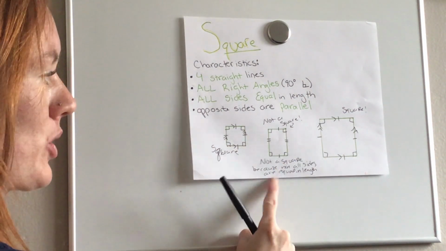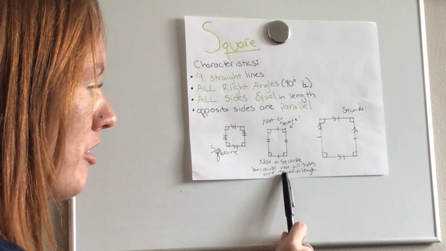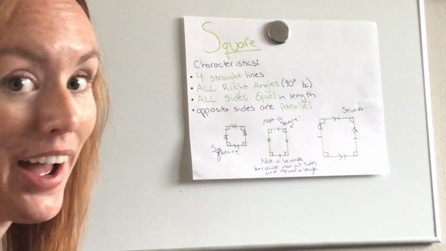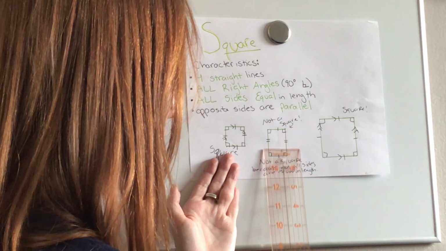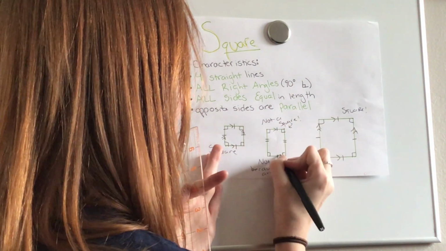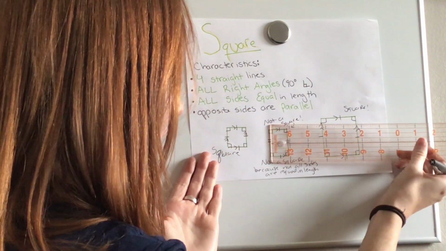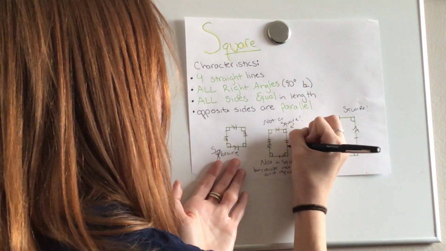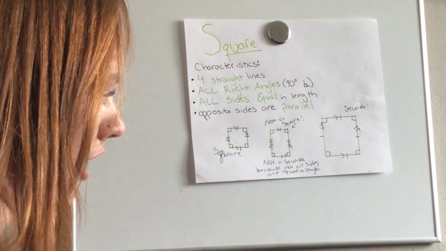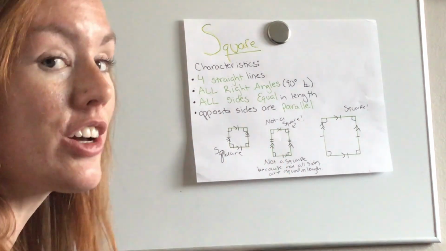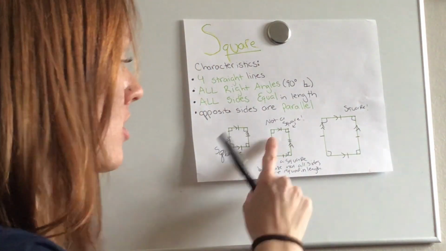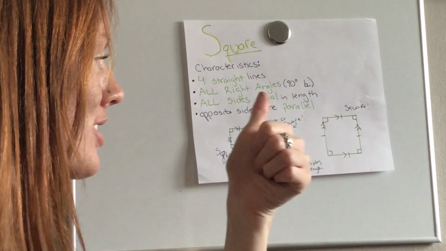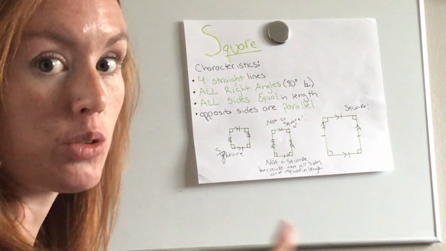Now, this is not a square because it didn't have all equal sides. But if I check, the top and the bottom are parallel and the two sides are parallel. So even though this is not a square, I can label it and I know what it is based on its characteristics. It has opposite sides that are equal in length.